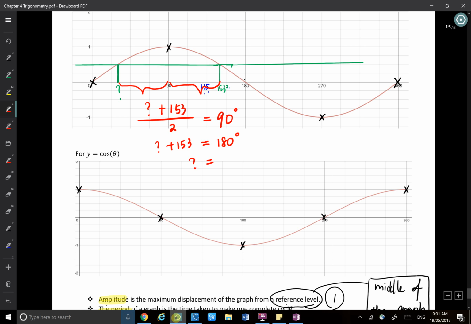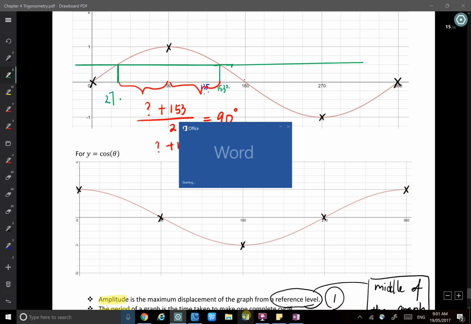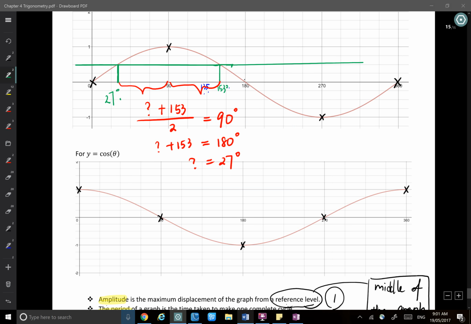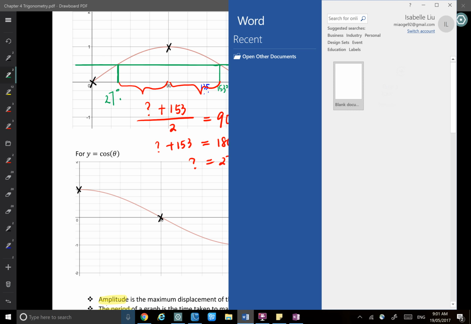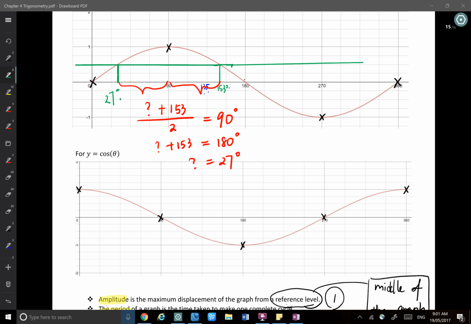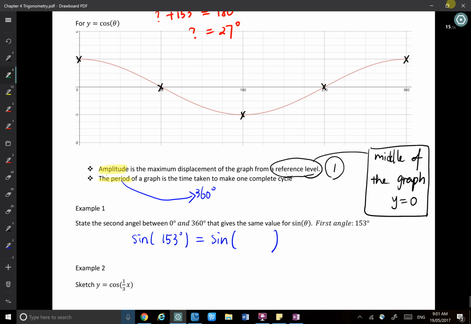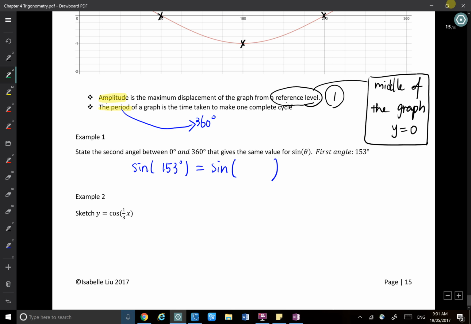So the question mark equals 27 degrees. So this angle here is 27 degrees. So you will have 27 here. So theta will be 153 and 27 degrees. They give you the same value.